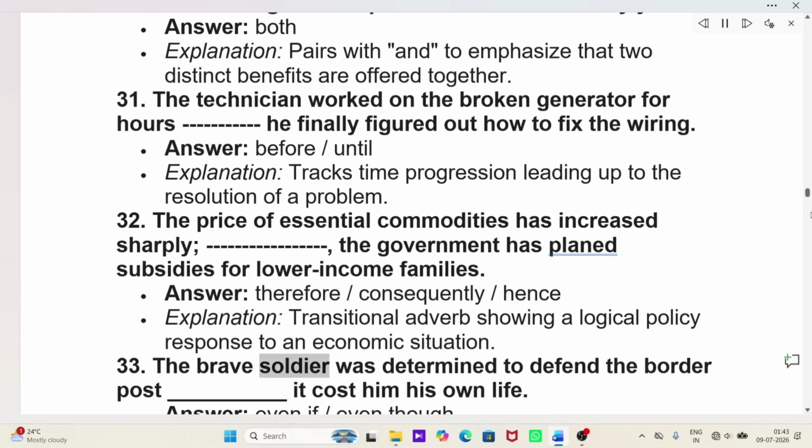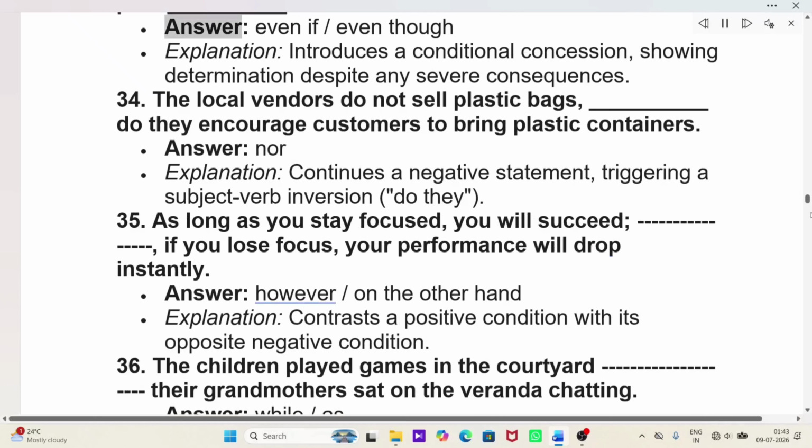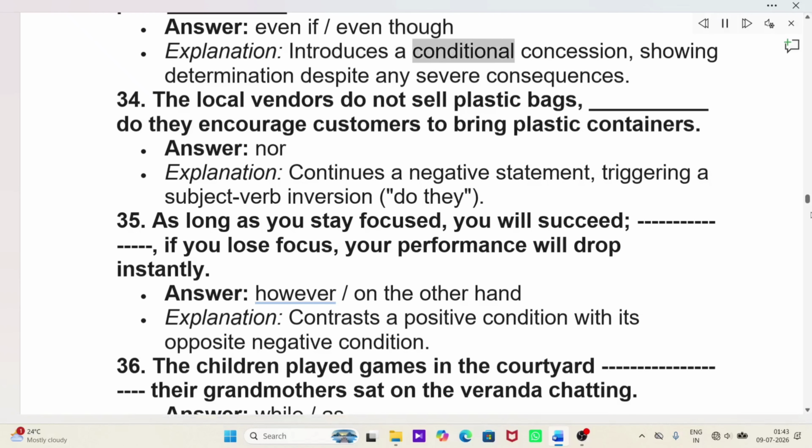The brave soldier was determined to defend the border post ____ it cost him his own life. Answer: even if/even though. Explanation: introduces a conditional concession, showing determination despite any severe consequences.